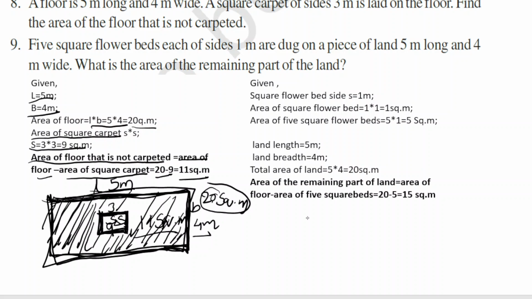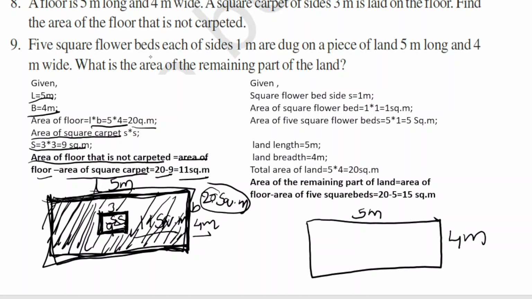And 5 square flower beds. Suppose this is the rectangular land, and its length is given as 5 meters and breadth is given as 4 meters. 5 square flower beds, each of side 1 meter, are dug on a piece of land 5 meters long.